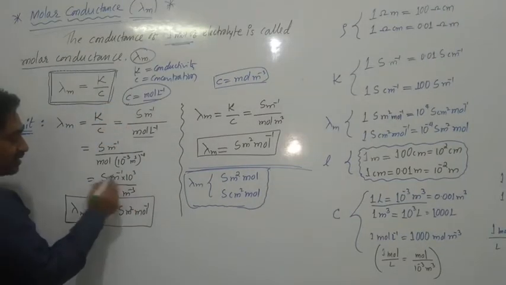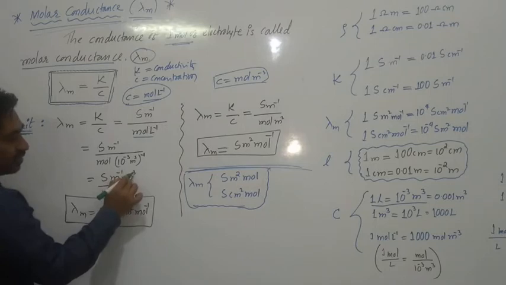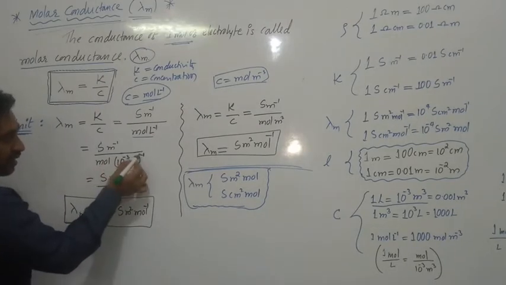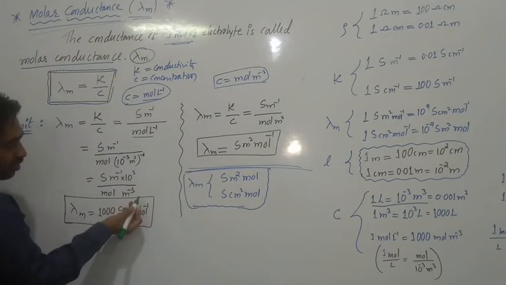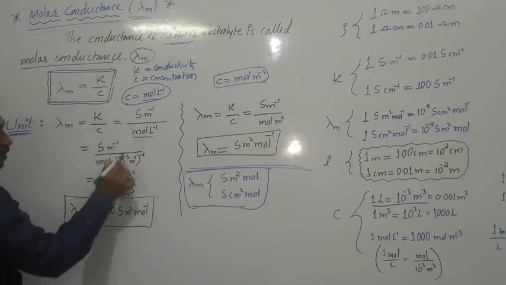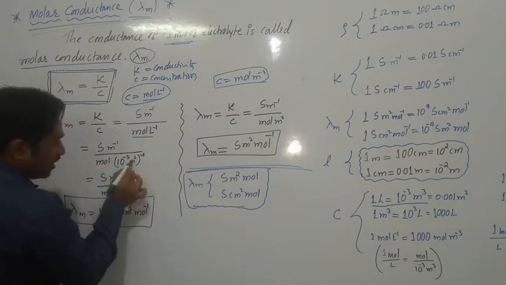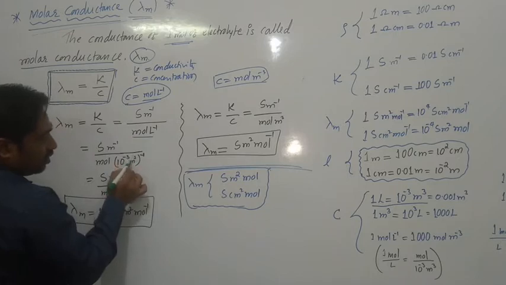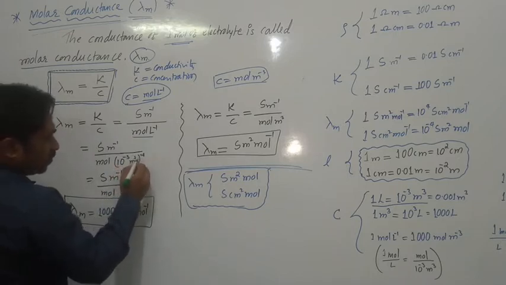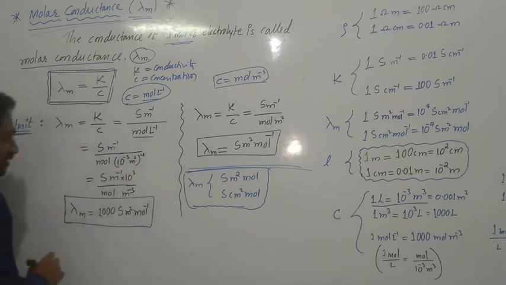So I will write Siemens per meter into 10 to the power 3, and what remains is cubic meter per mole.